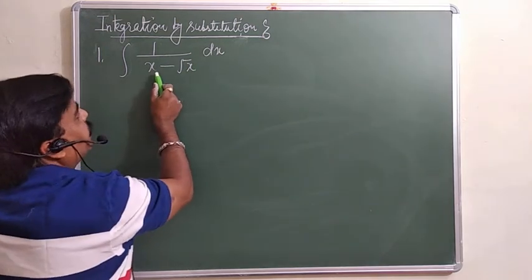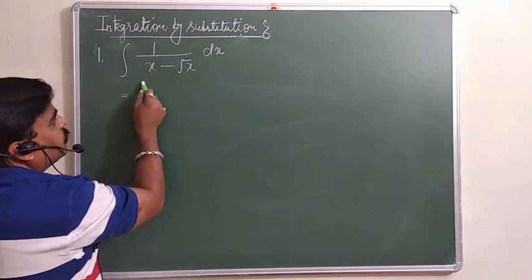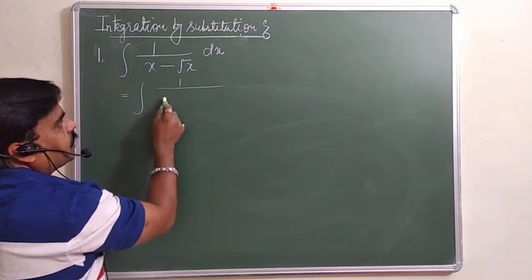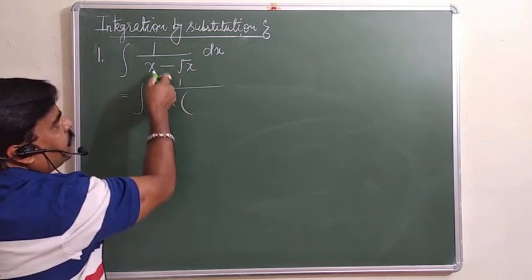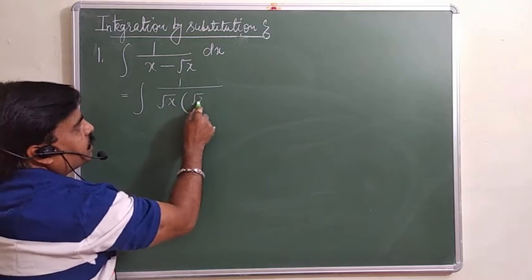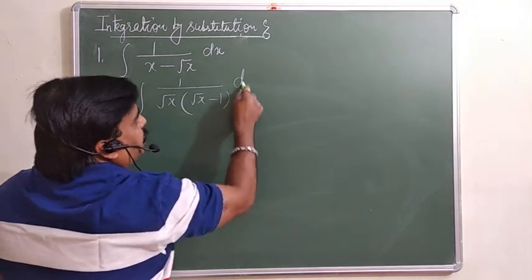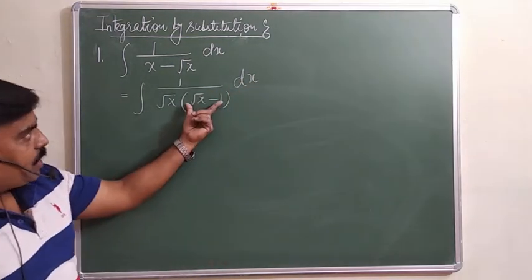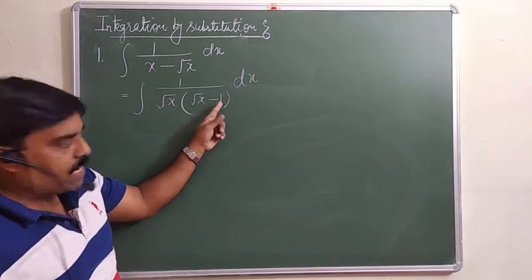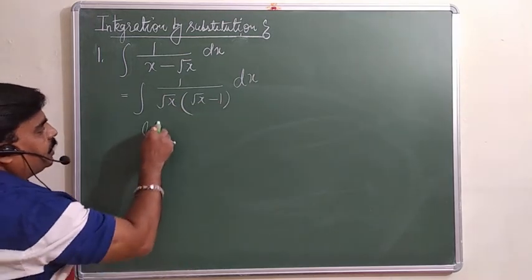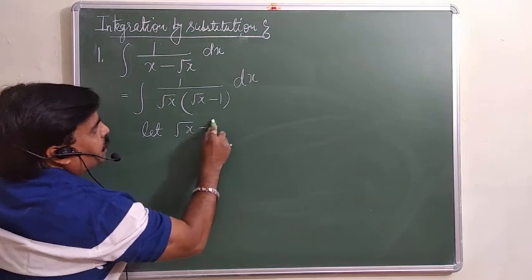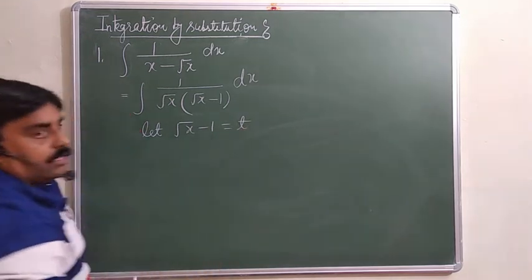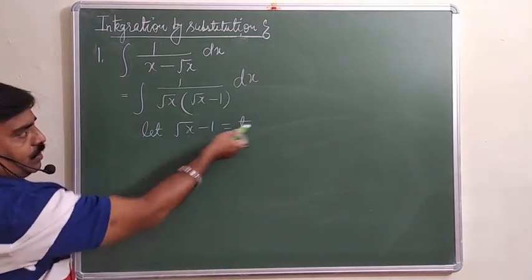So what we will do is, we are supposed to take out root x common. So root x you take common from here, you will get root x times root x minus 1, and dx. Now you can assume this root x minus 1 as t. You can let root x minus 1 is equal to t. Just find the differential with respect to t.